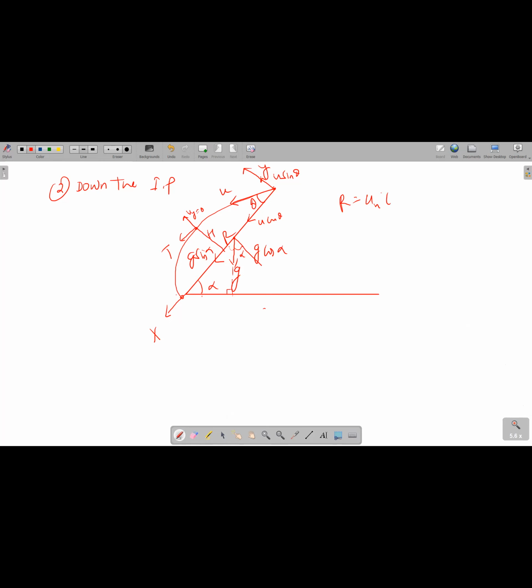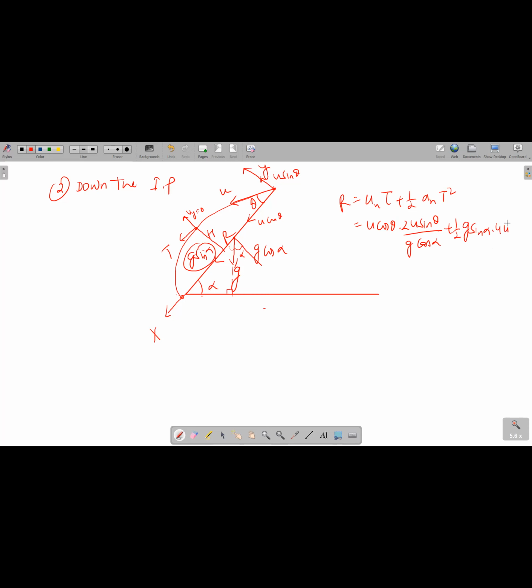So u_x into the complete time of flight, because total time of flight is from here to here, plus half a_x into t squared. So u_x is u cos theta into t. t is 2u sin theta upon g perpendicular, that is, in this case, g cos alpha. And acceleration is, in this case, along the positive x-axis, so it will be positive only, right? g sin alpha. So plus half g sin alpha into t squared.